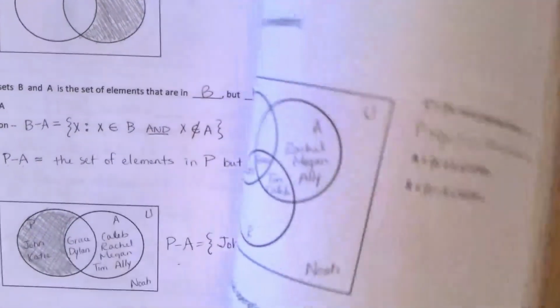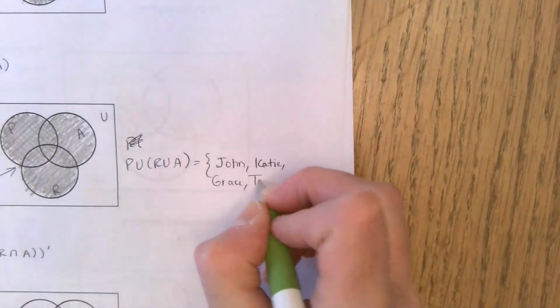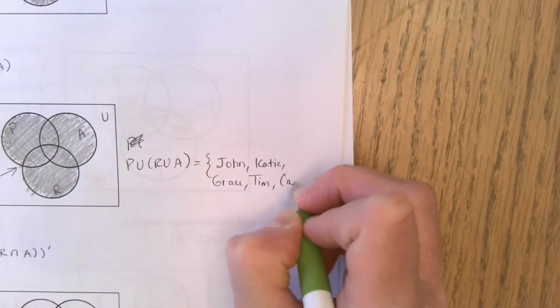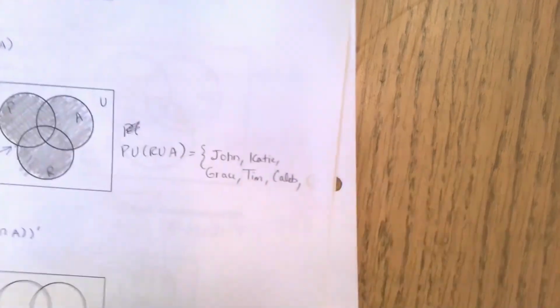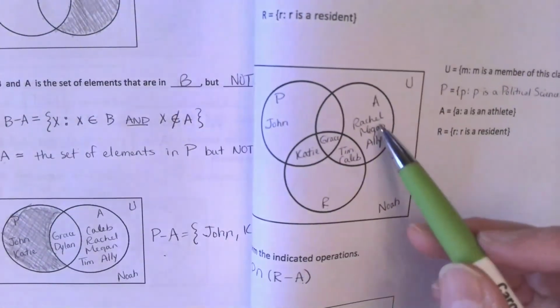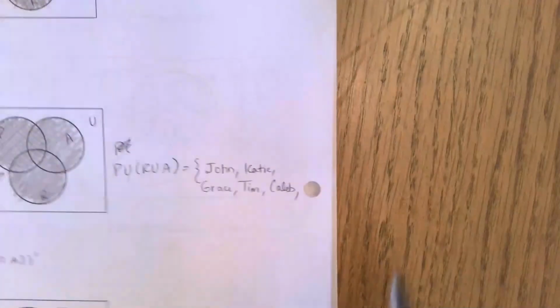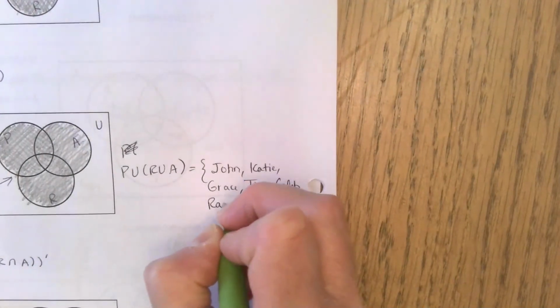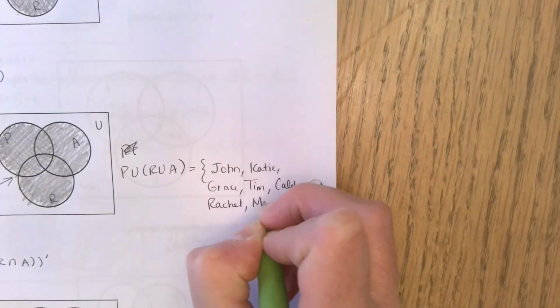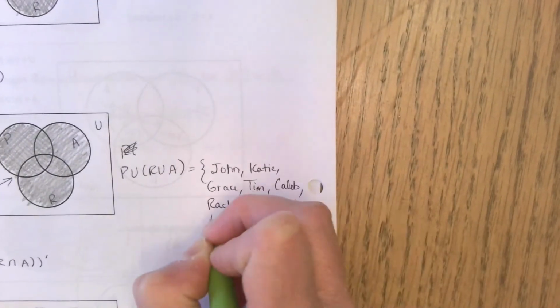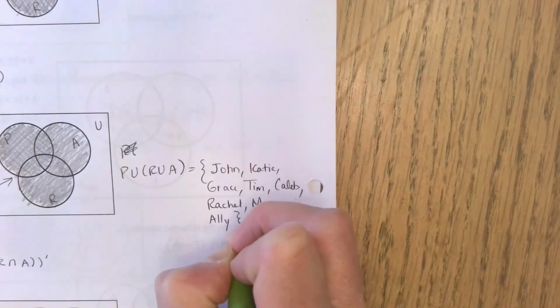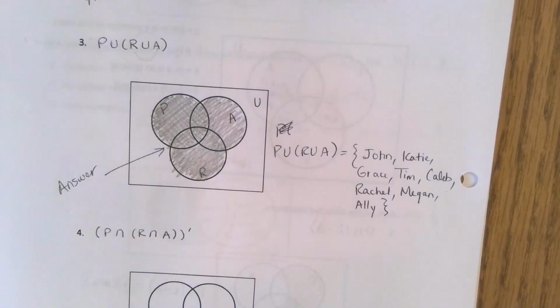Tim, Caleb. Rachel, Megan, and Allie. And those are everybody that's listed in the set of P union with R union A.